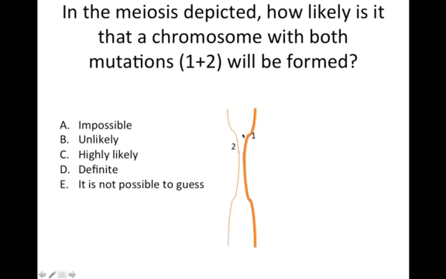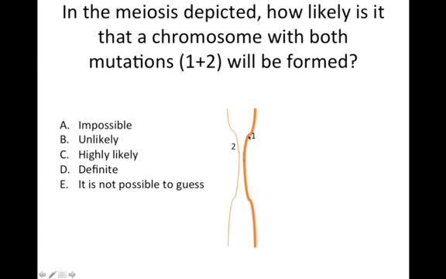And so then we can ask a question about, for this meiosis depicted, what's the chance that a chromosome will be formed that will have both mutations, 1 and 2? Think about it for a moment. Okay, so here's something new that we can introduce.